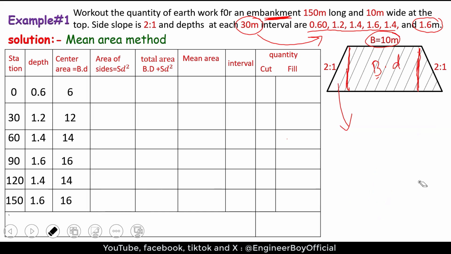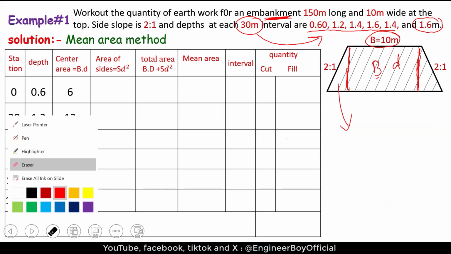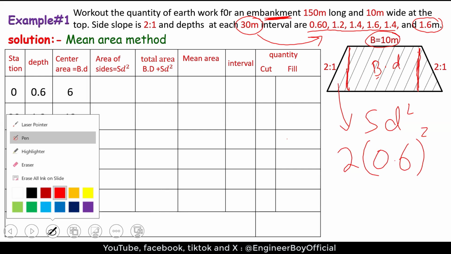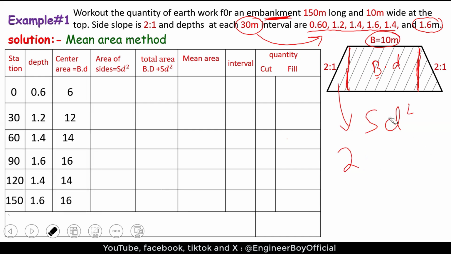Now area of sides, okay, for both sides, area is actually SD square, okay, SD square. Now you have to put values over here, like maybe for S we have 2, and D can be different for each station. Let's take 0.6, okay, and that is just square. So this is how you put values in the same formula.